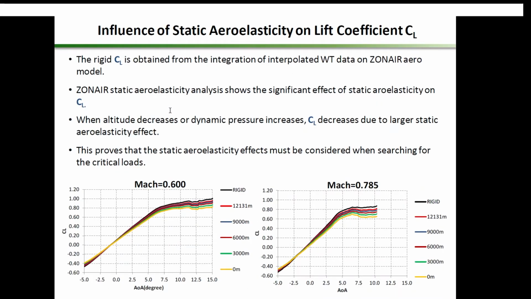So this slide shows the influence of the static aeroelastic effect on lift coefficient. The black one is the rigid one, and at different altitudes, if you include the static aeroelastic effect, you can see the CL is lower than the rigid.